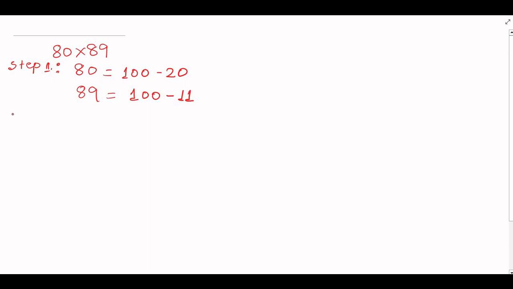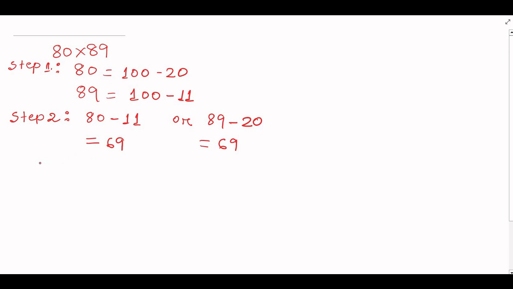Now in step 2, what do we have to do? In step 2 we have to subtract this 11 from 80. Then how much will we get? 69. Or we can subtract 89 minus 20, then also we will get the same value, 69.